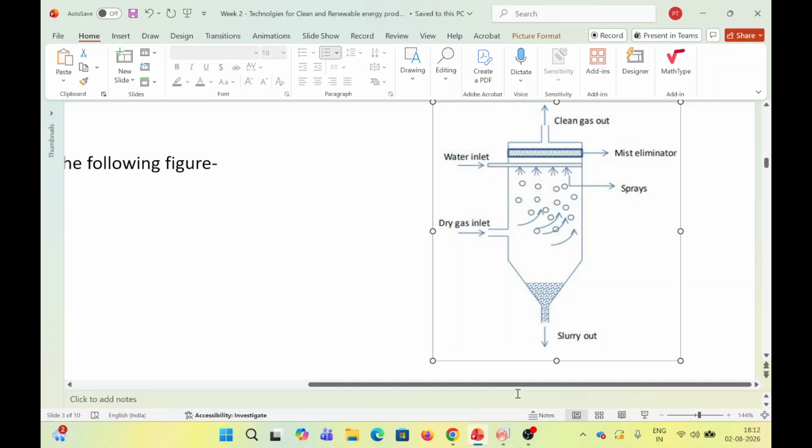So in order to make the process more efficient, the water is usually sprayed in the form of droplets, so that it improves the contact efficiency, the particulate matter removal is more effective, and the overall efficiency of the process gets improved. I hope it is clear. Any questions?